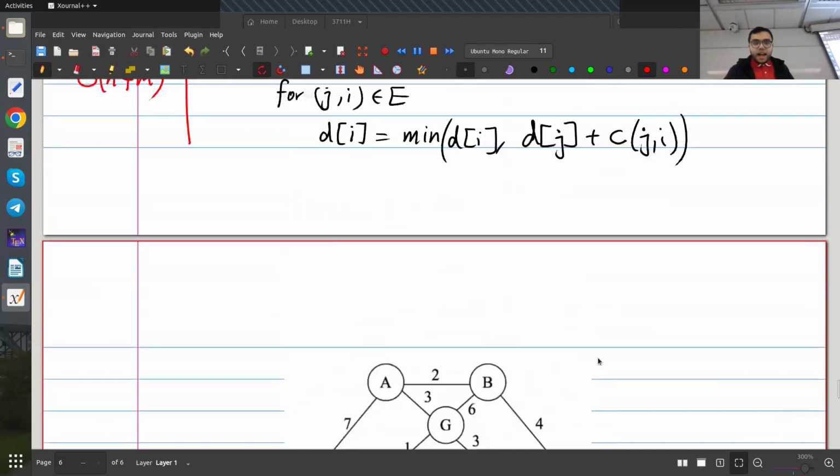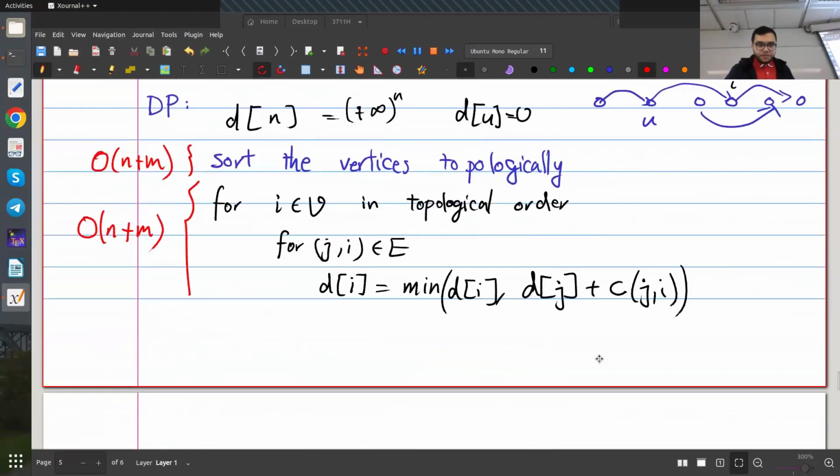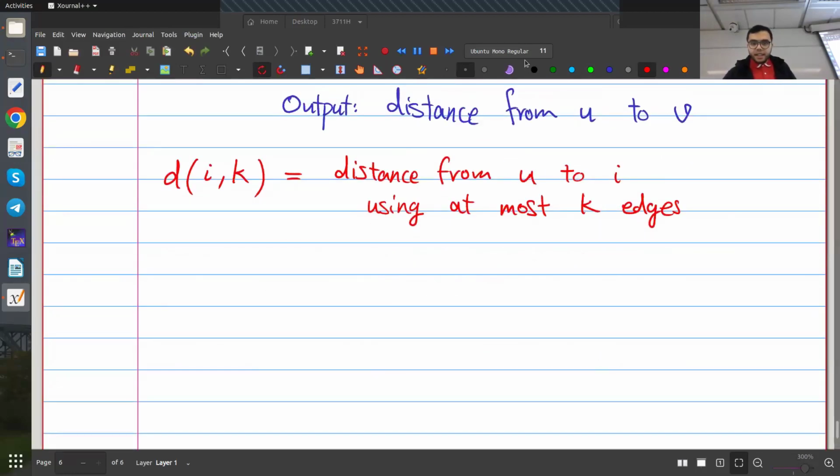Now, I can do something similar to here. So if I have a function that wants to calculate d of i, k. First of all, let's do the base cases. What if my k is 0? It means I'm looking at paths that have no edges at all. So I can go from vertex U only to itself, right?